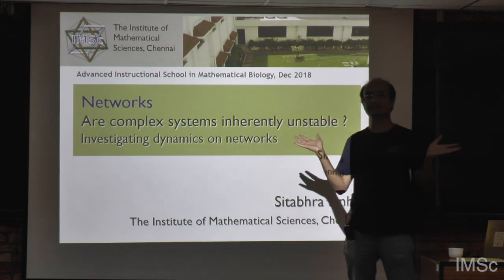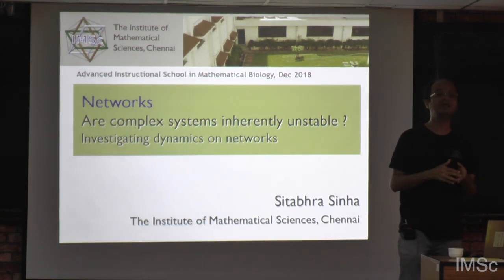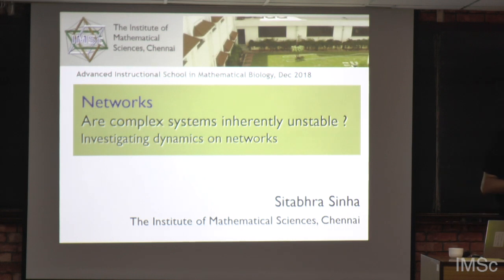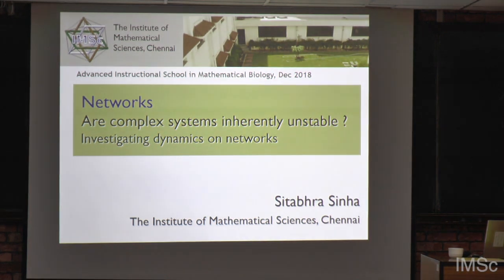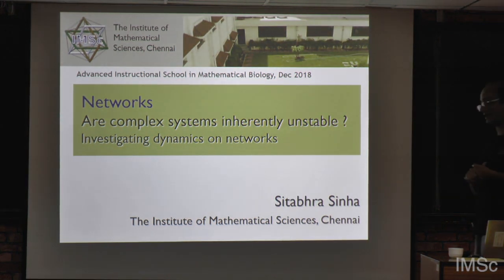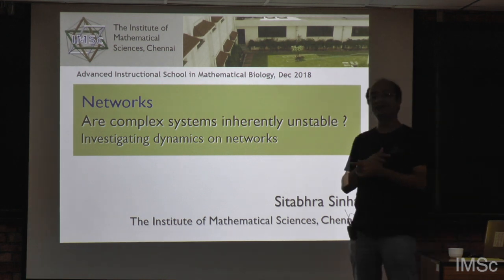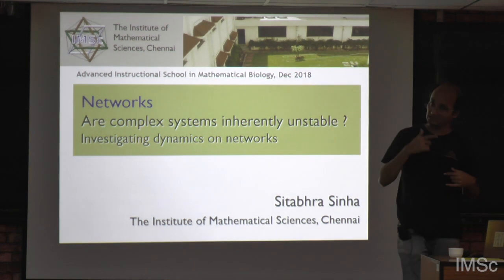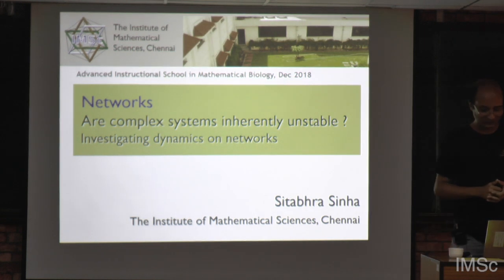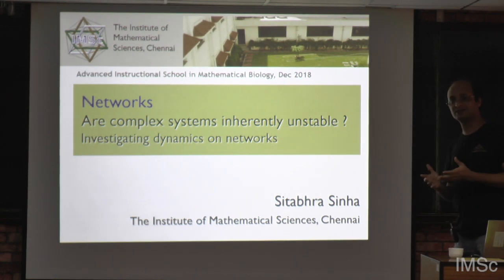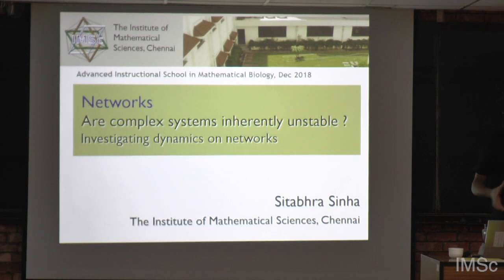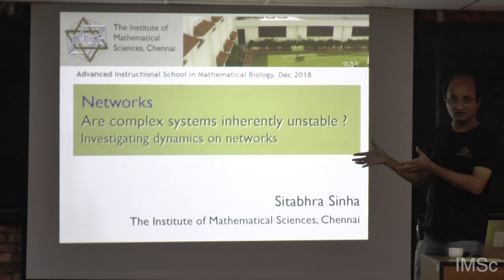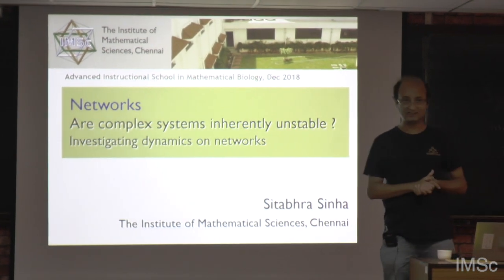This, of course, is an extremely interesting area of study, and occasionally you can actually have interactions between dynamics on networks and dynamics of networks. So what do I mean by dynamics of networks? The network structure itself can change over time. Of course you have seen an example of this earlier.